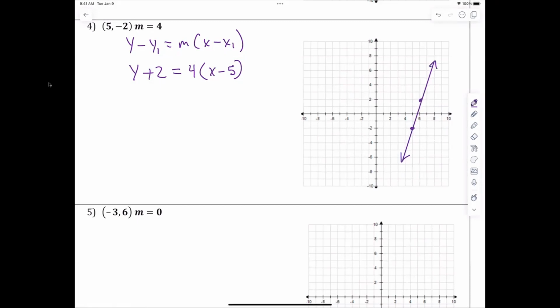All right, that's it. Yes, ma'am. I know we changed the negative 2 to a 2, but then why did you graph negative 2? I graphed the point 5, negative 2.